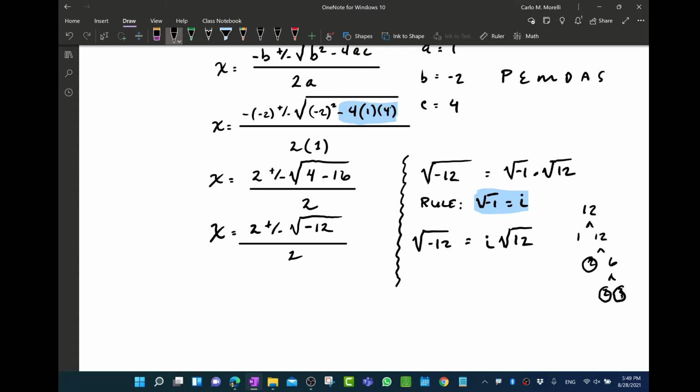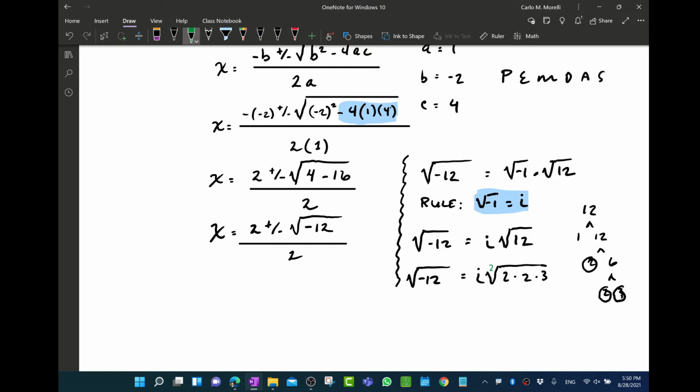All right? So we need to rewrite this now. The square root of negative 12 is equal to i times the square root of 2 times 2 times 3. All right, now why is that important? Because whenever there are a pair, right, it's the second root, yeah?